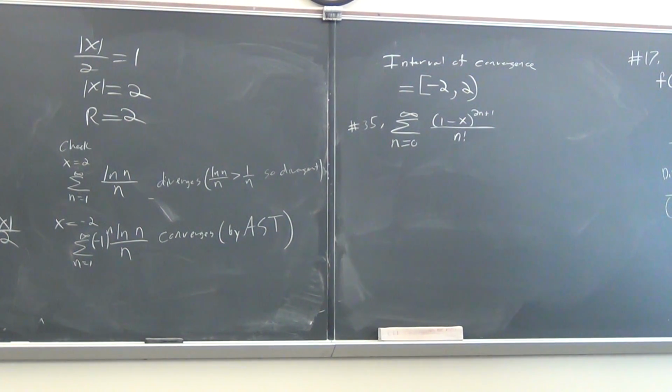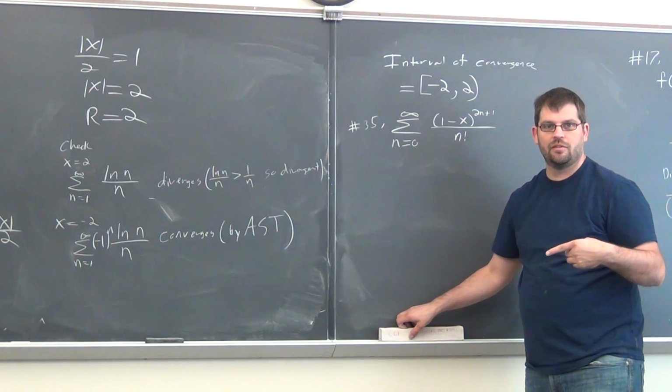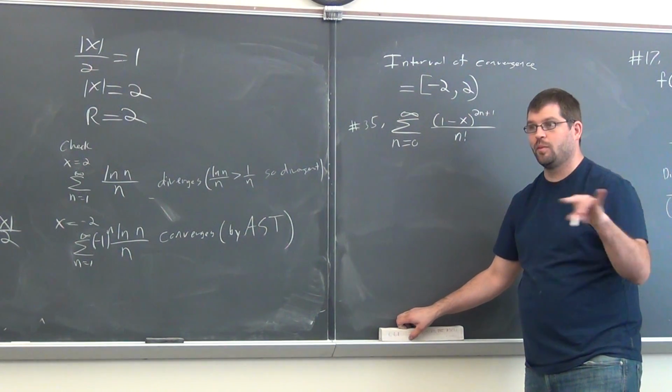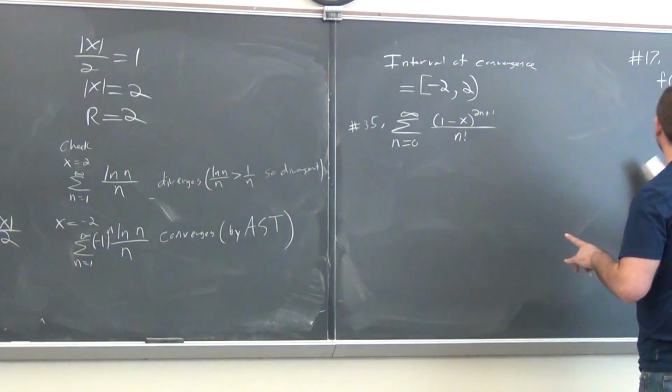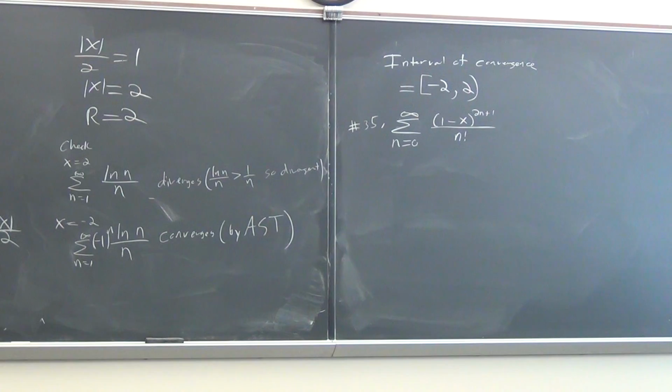So this one you could actually just do the ratio test and the problem's done pretty quickly. But let's just talk this one out in a little bit more detail than you actually have to.